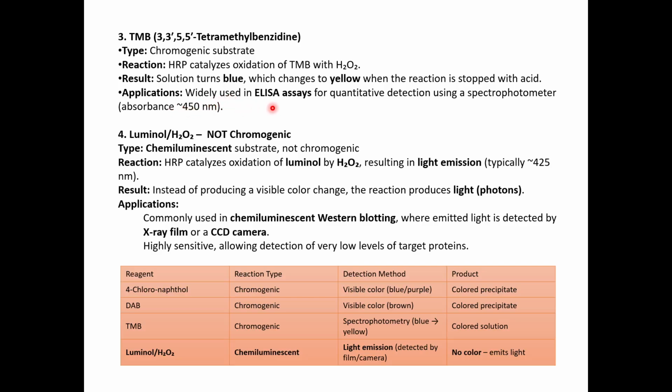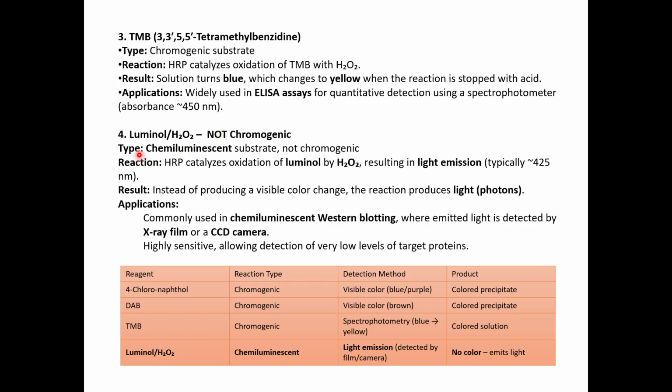So this is widely used in assays like ELISA, which is a quantitative detection using a spectrophotometer. The absorbance is usually taken at 450 nanometers, and this is very commonly used in ELISA.